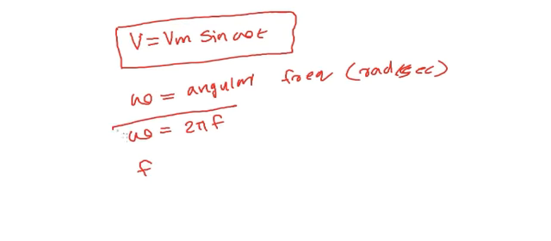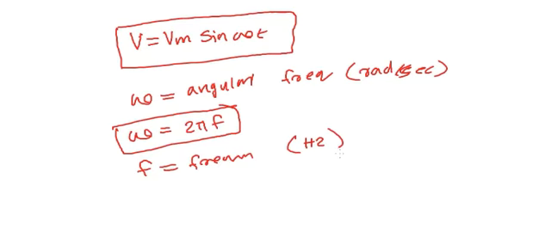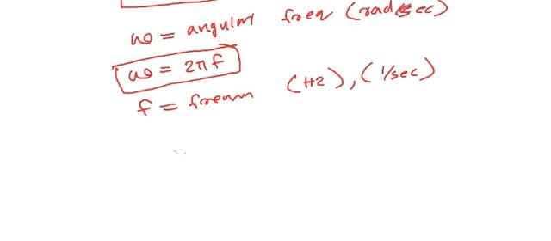This equation is important. f is frequency and its unit is hertz, or 1 by second. Hertz is equivalent to 1 by second. You must remember this equation from the exam point of view, and I think the concept is clear. The unit of f is hertz and the unit of omega is radian per second.